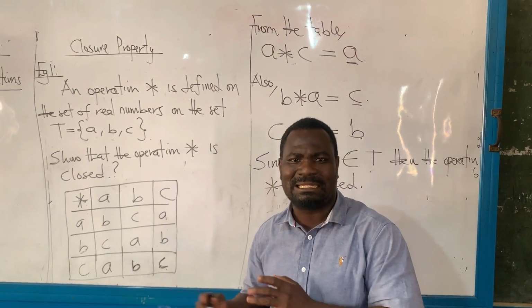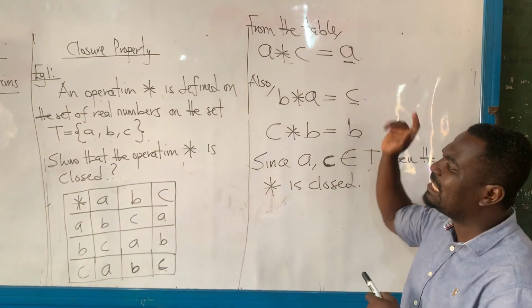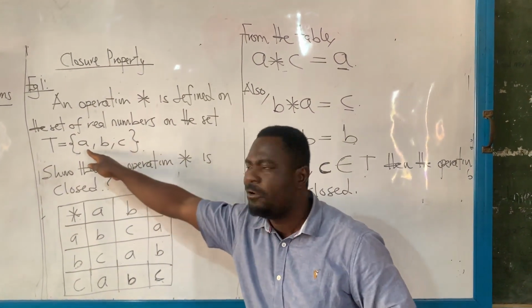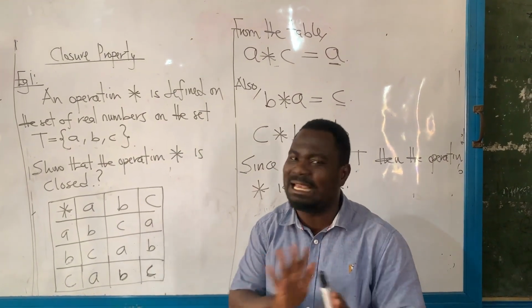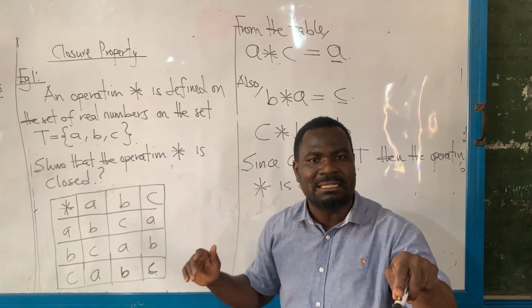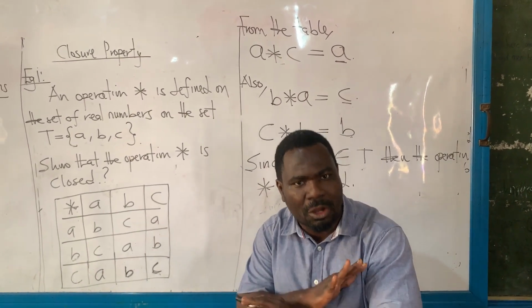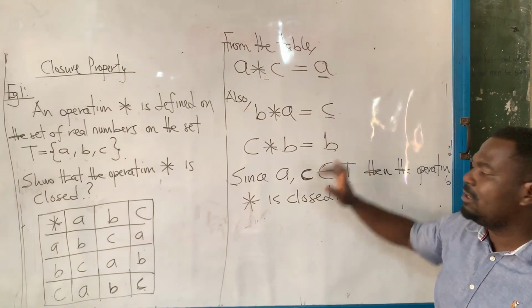On the other hand, if the answer you are getting is not a member of the set you were given, it means straight away it is not closed. Meaning the operation you are working under is not closed. So always give us the evidence and draw your conclusion.